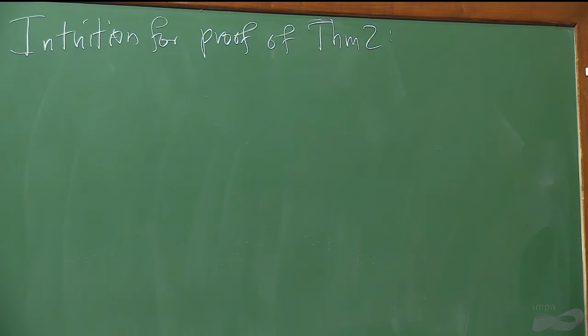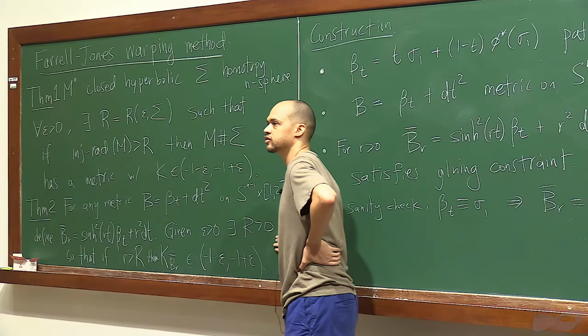Sorry, Bena. Yes? But you don't really need theorem 2 to prove theorem 1, right? I mean, you build this BR bar on the second column, and that will be enough, right? If you show that particular choice has negative curvature for large enough R, you will be done, right? But that's what theorem 2 is saying. That's a strong statement.